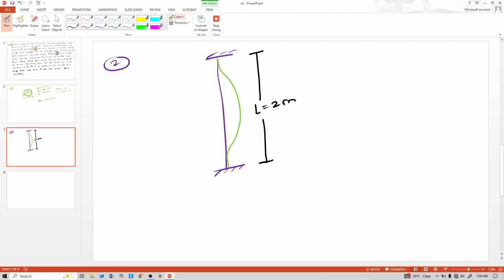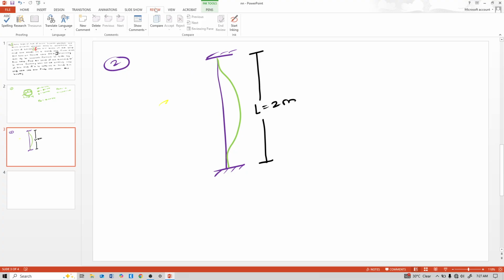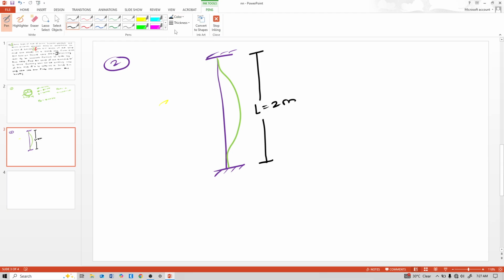So from that shape, we are able to talk about that L effective length. So what is effective length here? When two ends fixed, that means effective length is equal to actual length divided by 2.